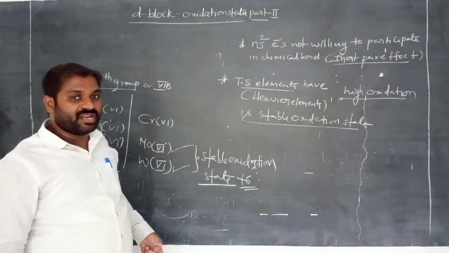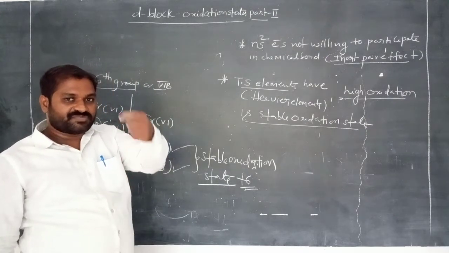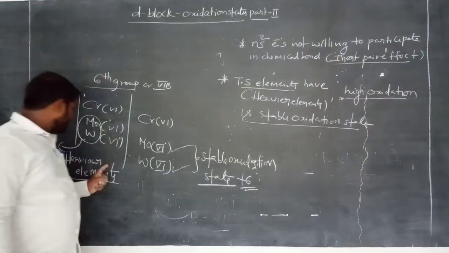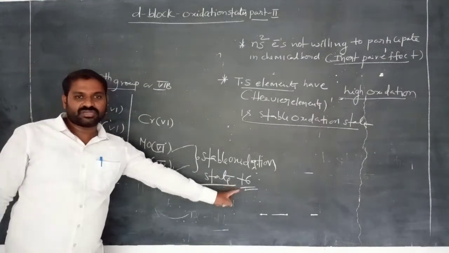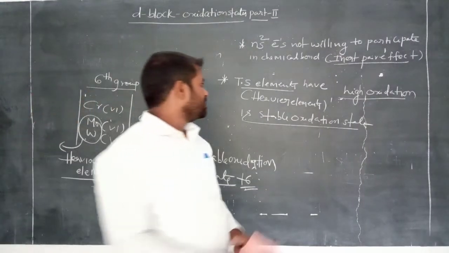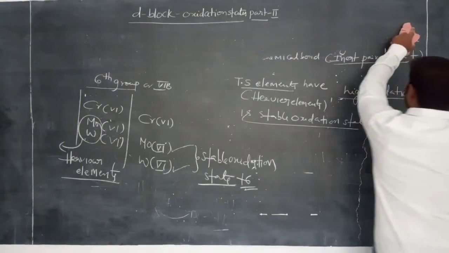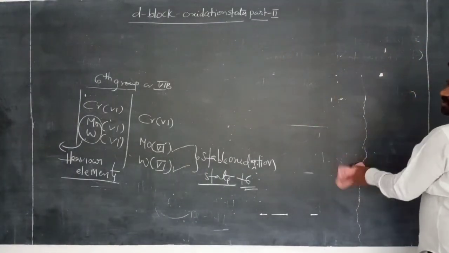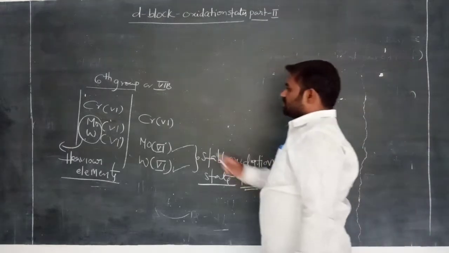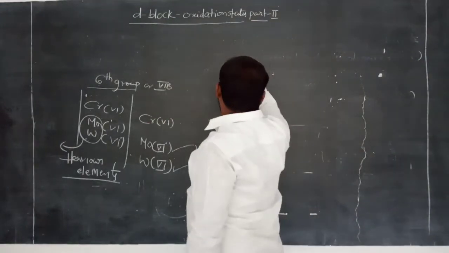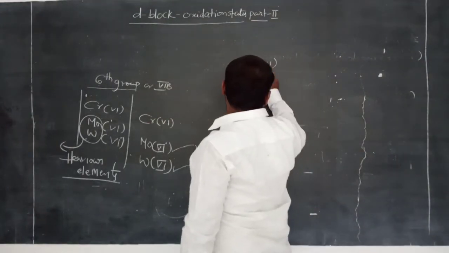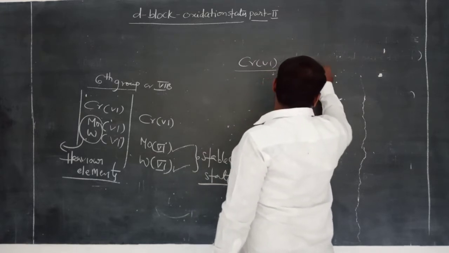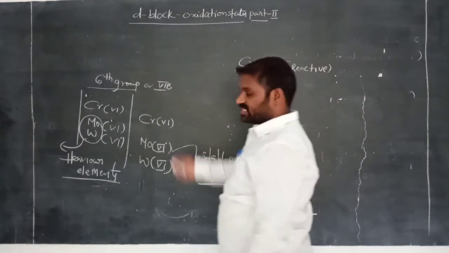In the case of the heavier element thallium, it shows +1 oxidation state. That is, the low oxidation state is stable. But in the case of transition elements, the higher oxidation state is more stable. That is the difference. So here chromium +6 is reactive, that means less stable compared with these two.